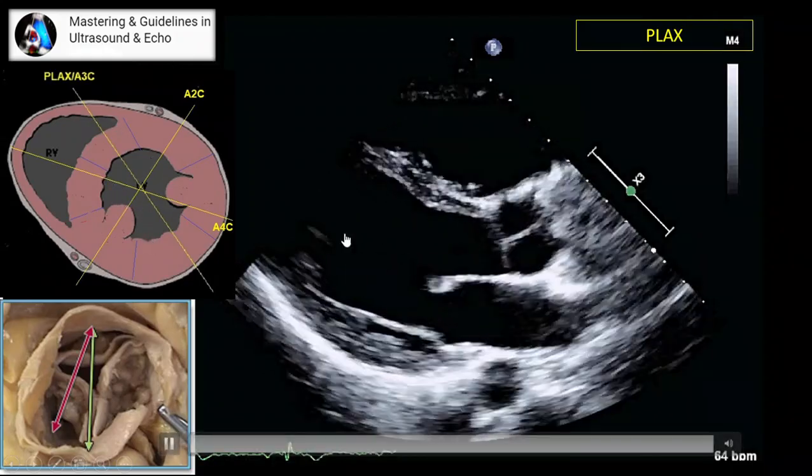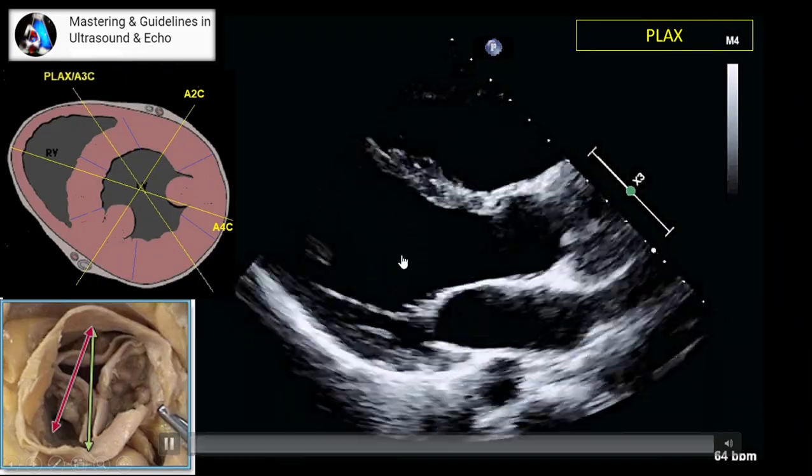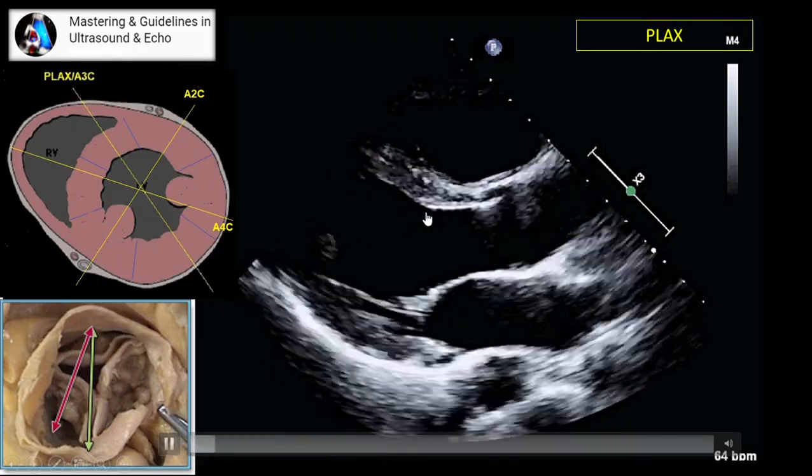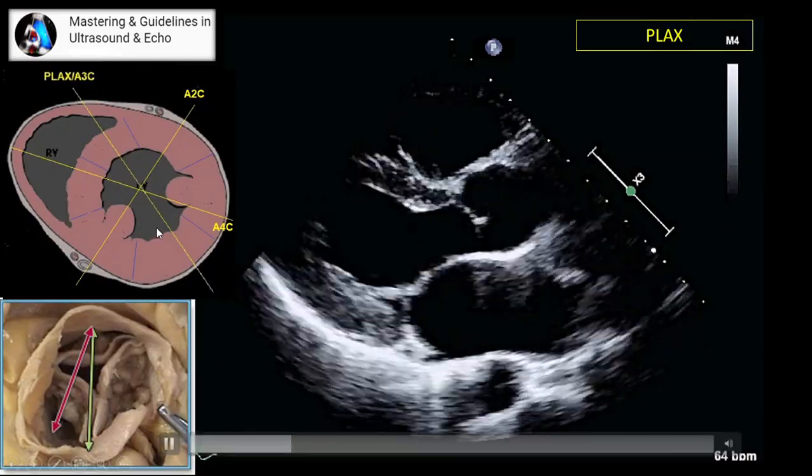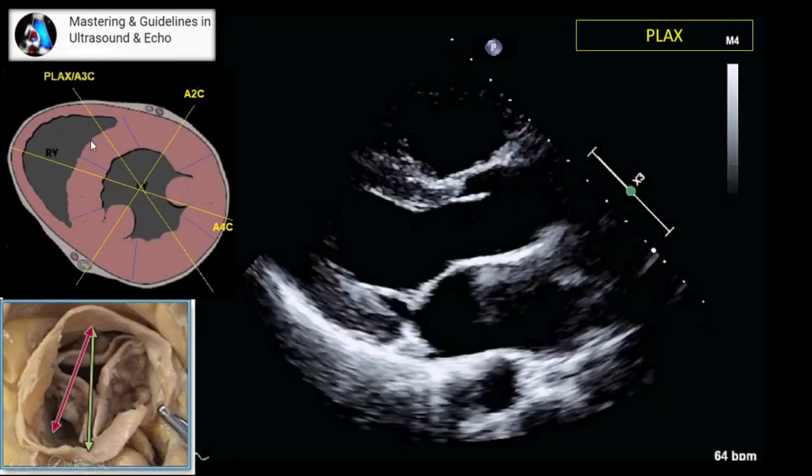So when we are scanning, we need to slide or fan the probe medially or laterally and see which spot gives us the largest diameter during real-time scanning of the patient. That spot will be correct for our axis in the PLAX.